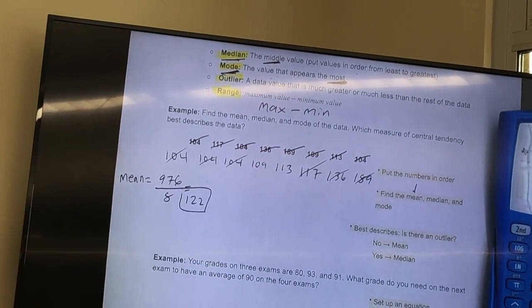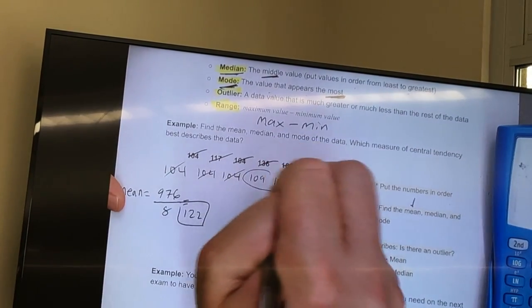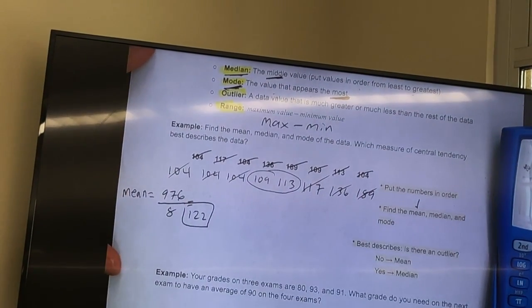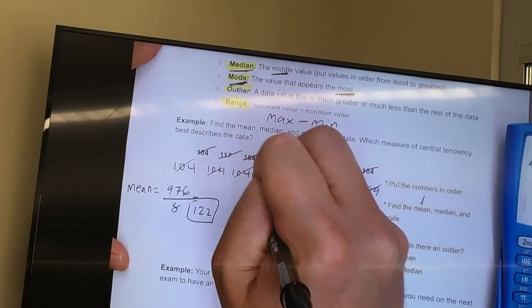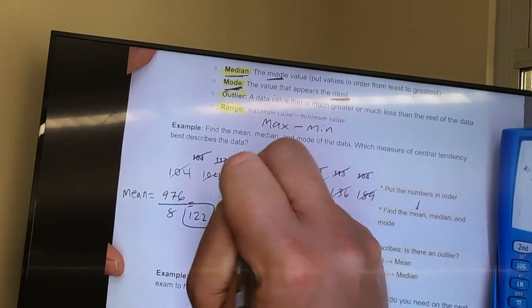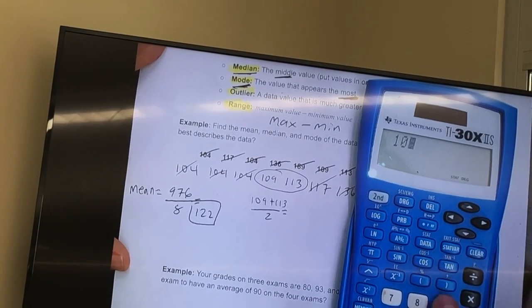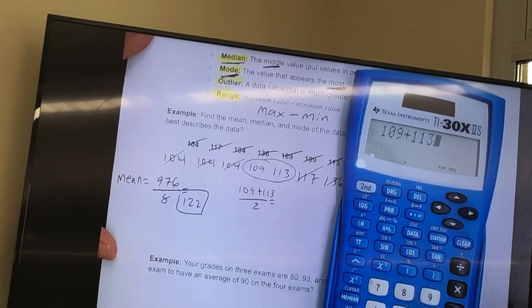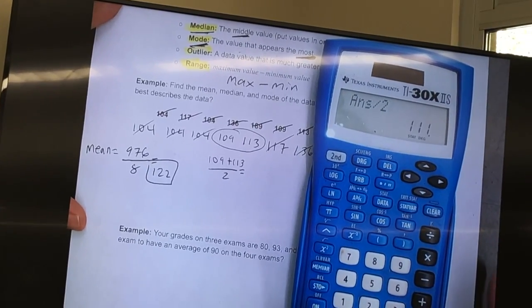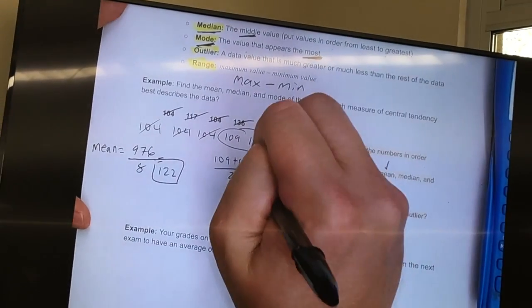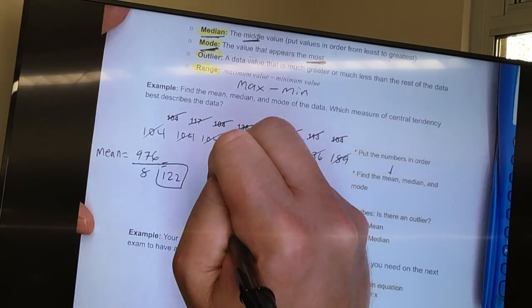If there is not one middle number, you got to take the average of that, right? So we're going to do 109 plus 113 divided by 2. I wonder if it's going to be 111. Hey, what do you know? Okay, so that is our median.